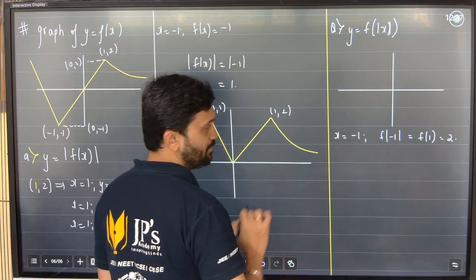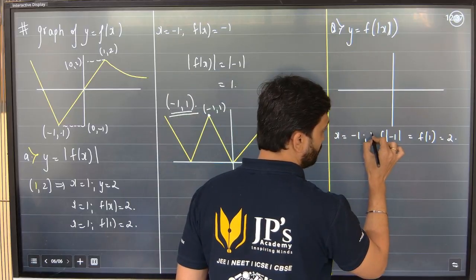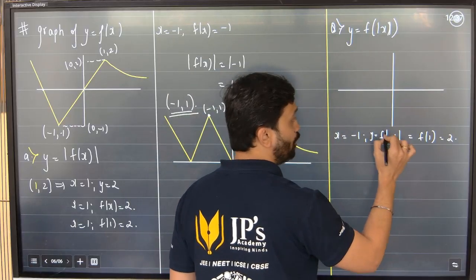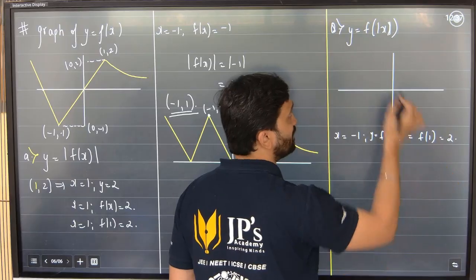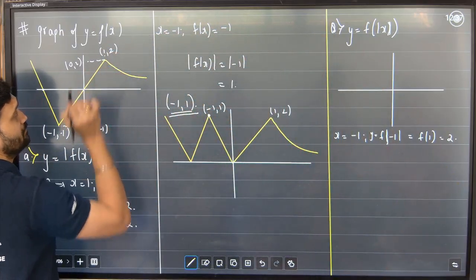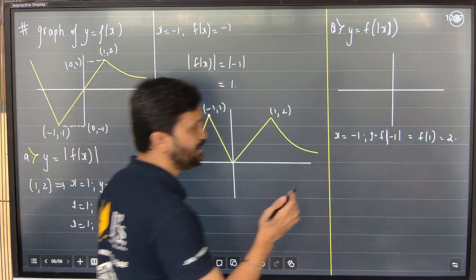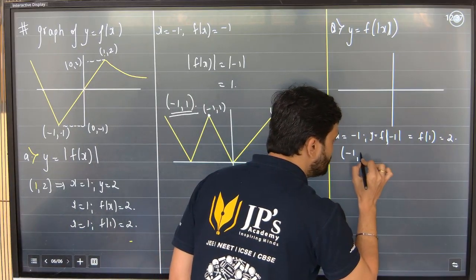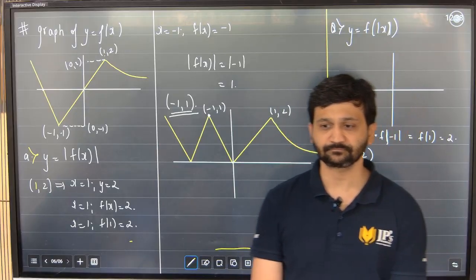I put x as -1, then I substitute in this equation. So y will become f of mod of -1. Mod of -1 is nothing but f of 1. And according to the graph, when x is equal to 1, my y becomes 2. So my point has become -1, 2. -1, 2 is which quadrant?